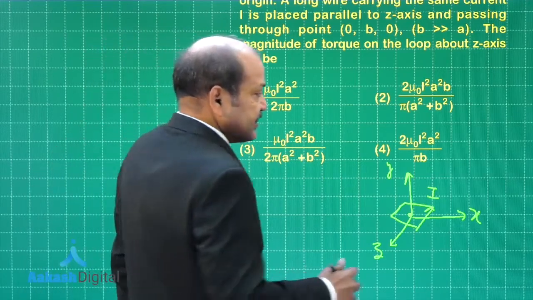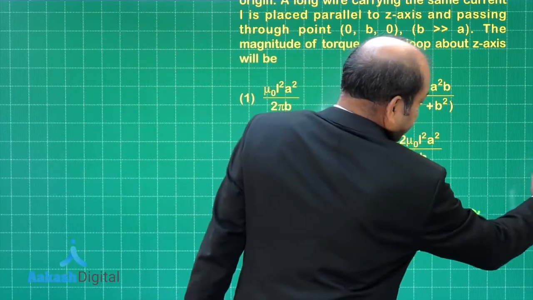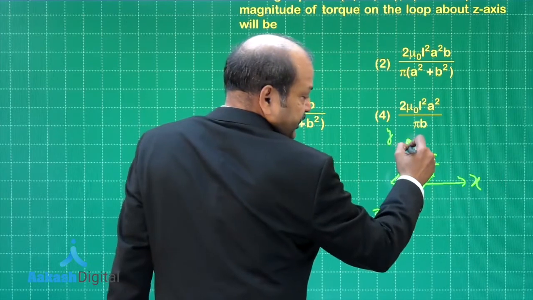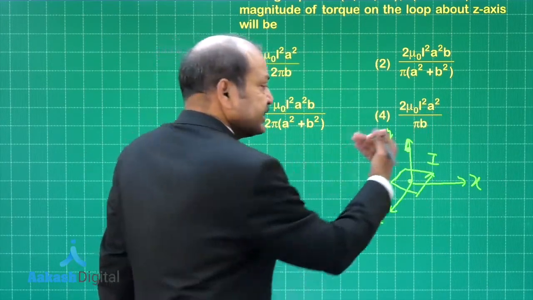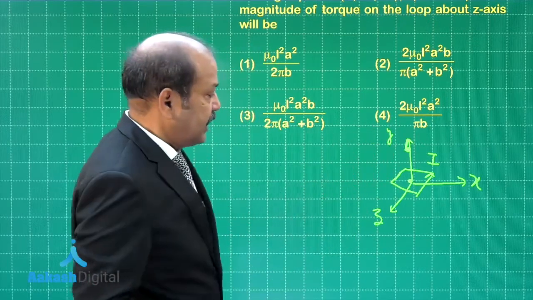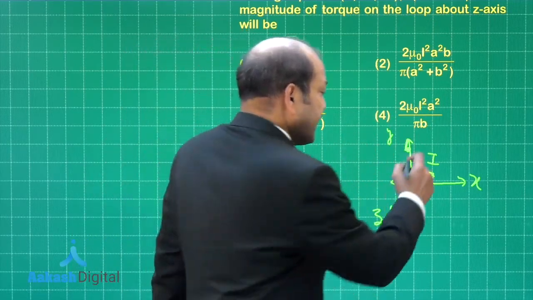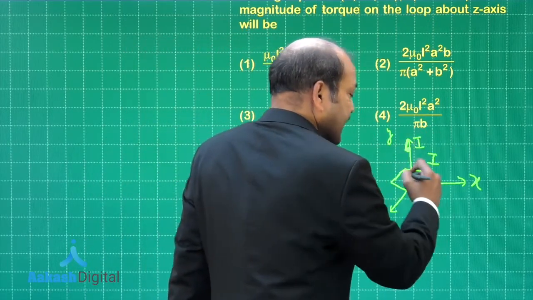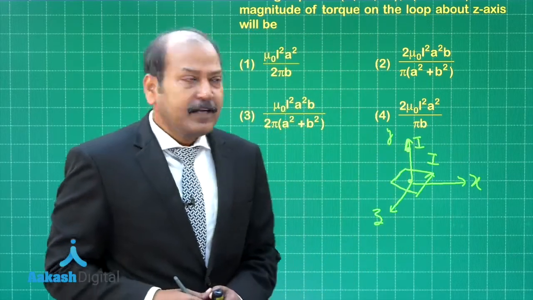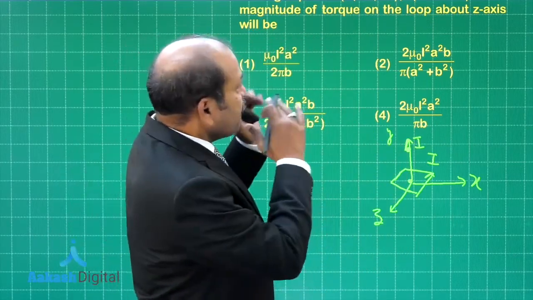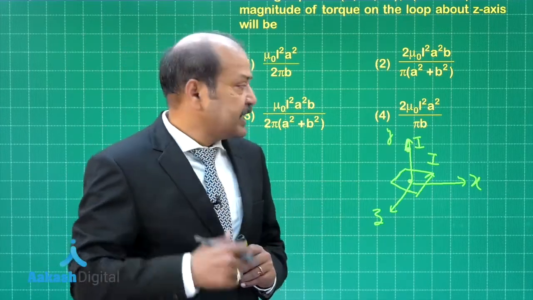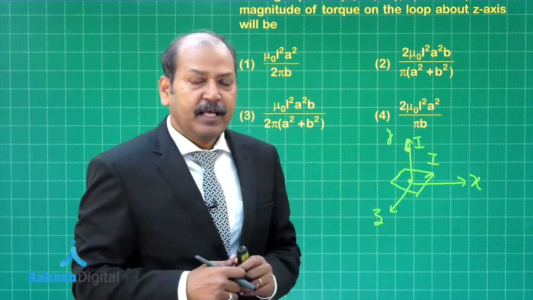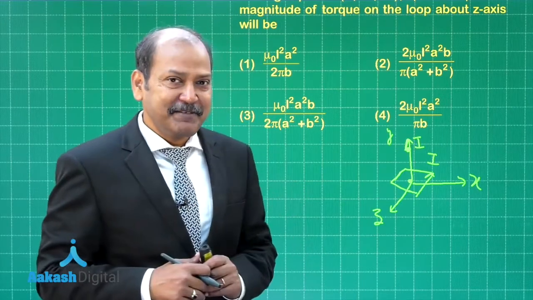So, we can show the current somewhere here, parallel to the z axis, coming outward. Due to this current I, what is the torque acting on the loop? Now, we note that the value of B is given as much larger than A, and that makes our task quite easy.